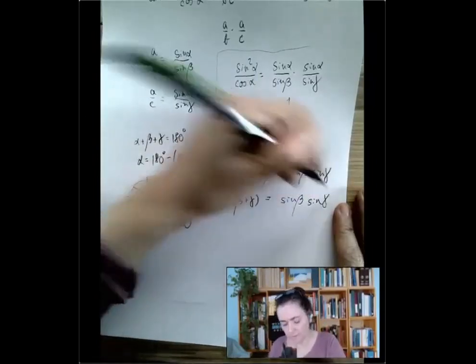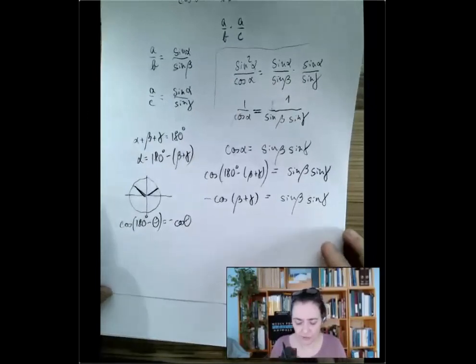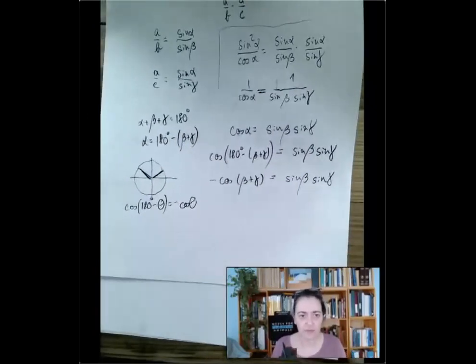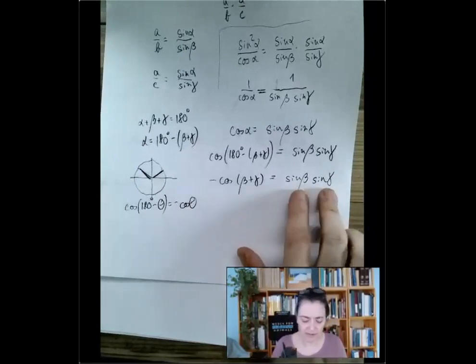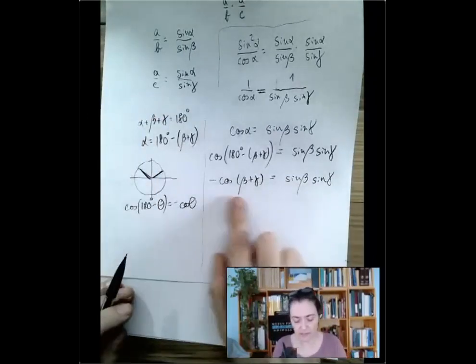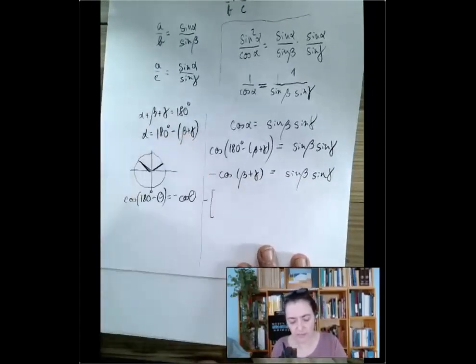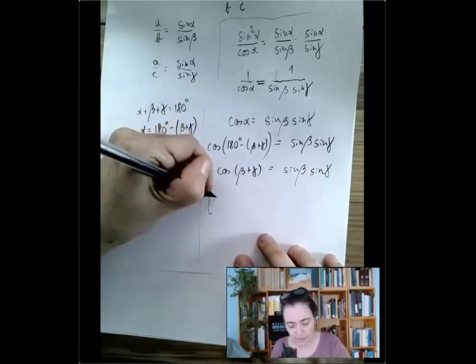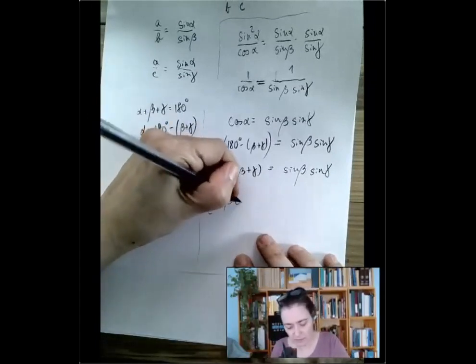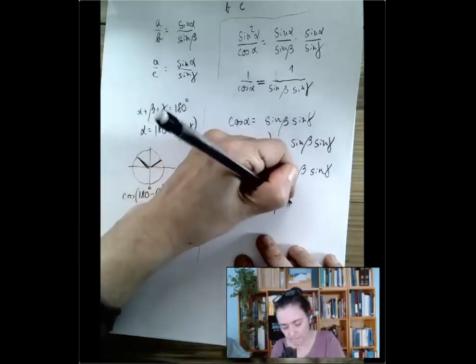Okay, if you look at this product, it occurs in the sum or difference formula for cosines, and the angles are now matched. So maybe there is some advantage in expressing this using the sum formula. So we get minus 1 times cosine beta plus gamma, which is cosine beta cosine gamma minus sine beta sine gamma.